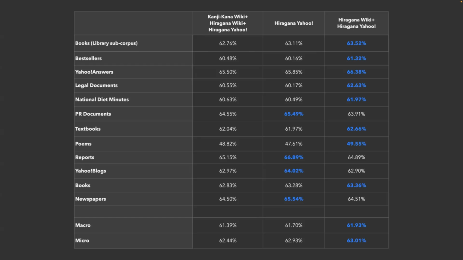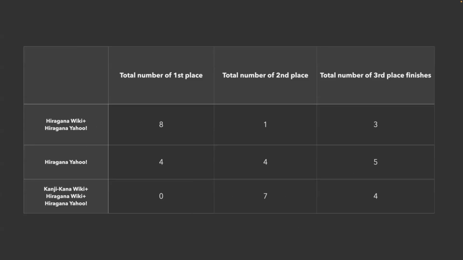The number 3 model, the Kanji Kana Wiki plus Hiragana Wiki plus Hiragana Yahoo model, is a generally good model. This is a table showing the total number of rankings obtained by the 3 models in their respective corpus. Indeed, the number of times the Kanji Kana Wiki plus Hiragana Wiki plus Hiragana Yahoo model got number 1 is 0.